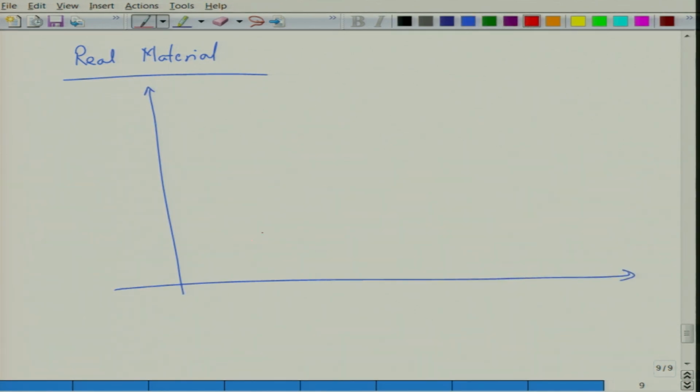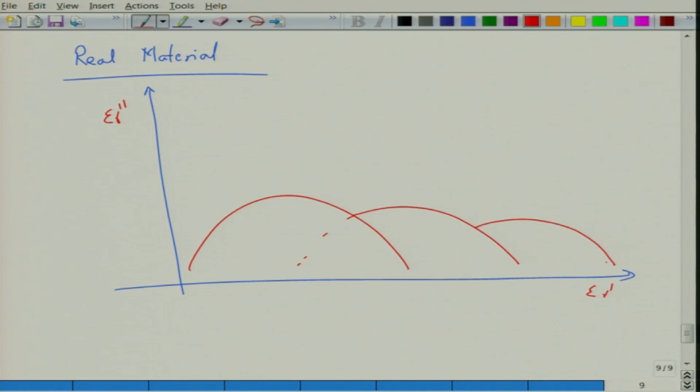You plot epsilon r double prime versus epsilon r prime, and you might have one semicircle, another semicircle which is overlapping this, and then another semicircle which is overlapping that. So, eventually you will obtain a plot which will look more like this.